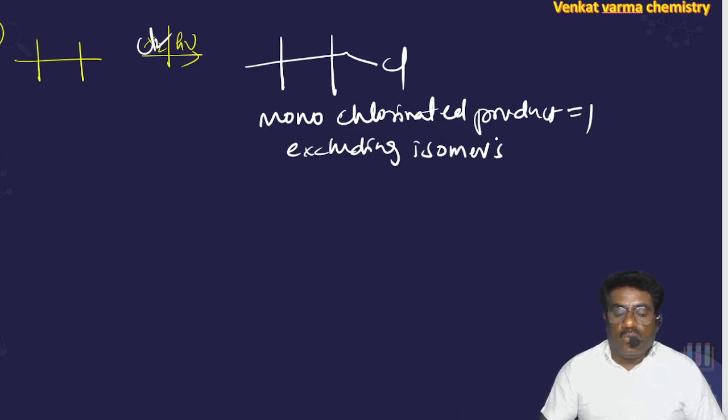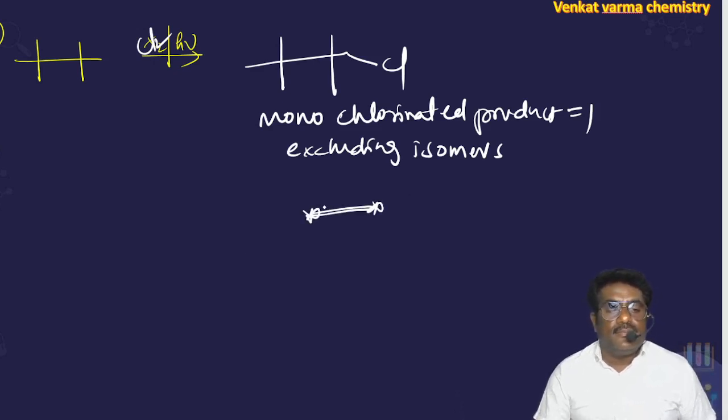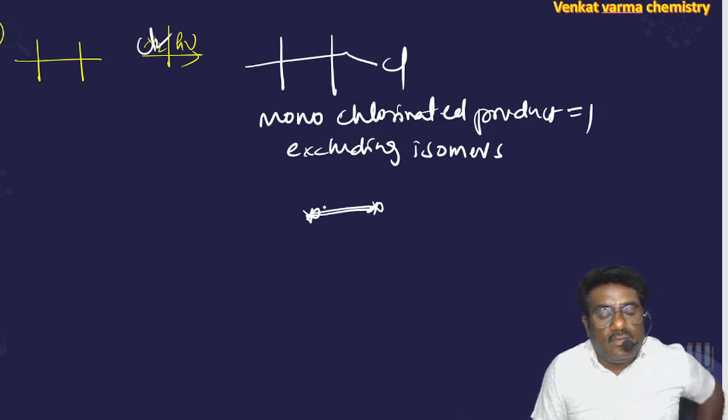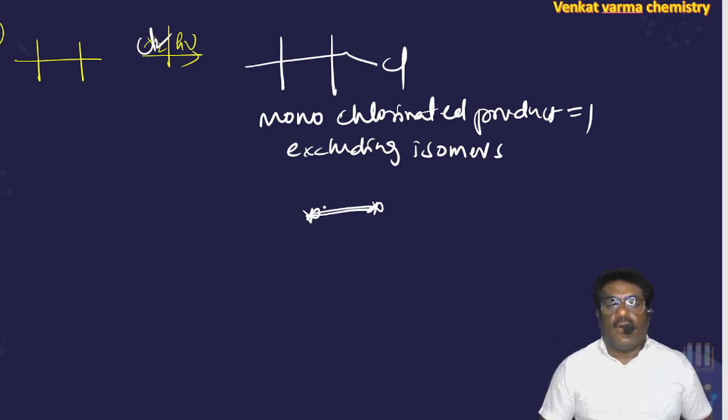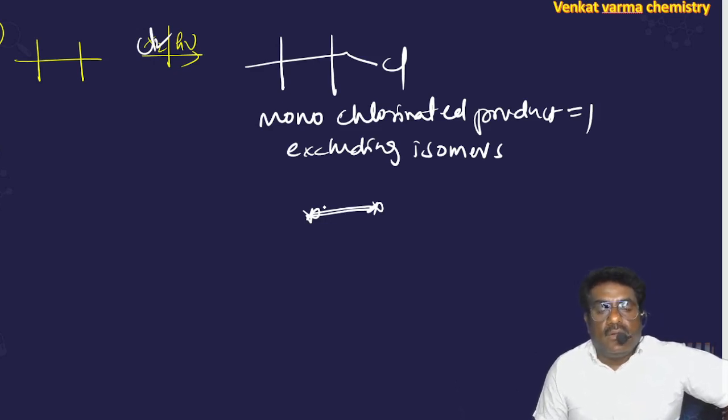Isomers are 1 only. This is about finding the monohalogenated product. This is a complete alkanes.